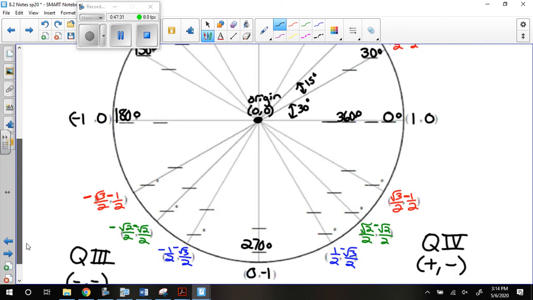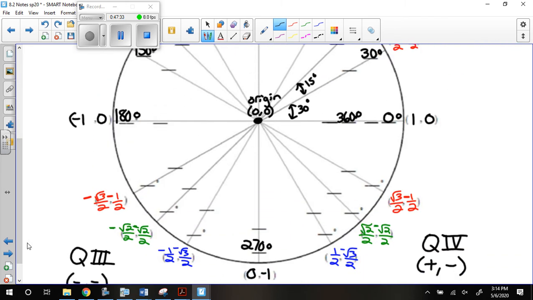So I'm going to keep going. Big chunk, so add 30, which is 210 degrees. Little chunk, so add 15, which is 225. Little chunk, add 15, so that's 240 degrees. Big chunk, add 30, which takes us to the 270.